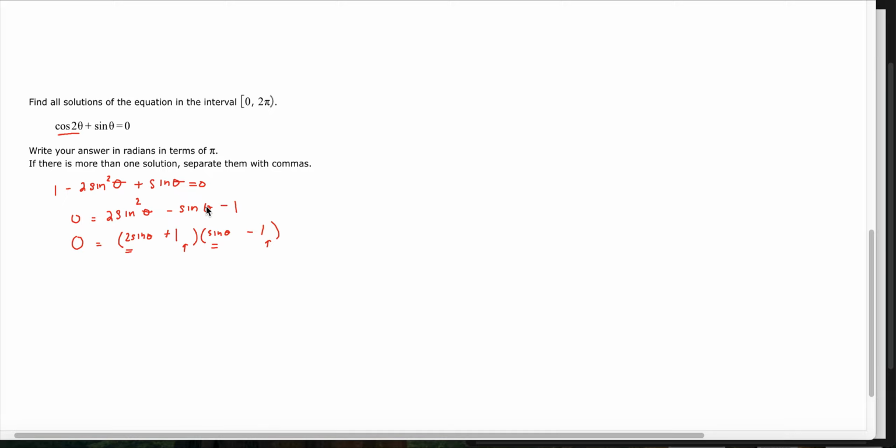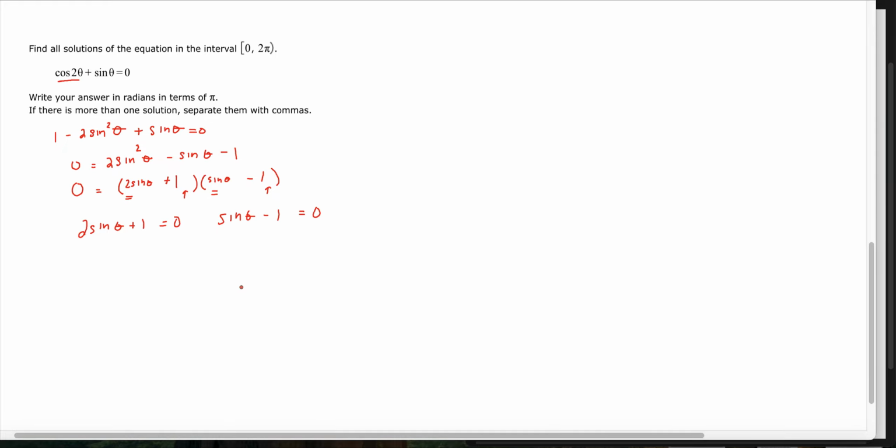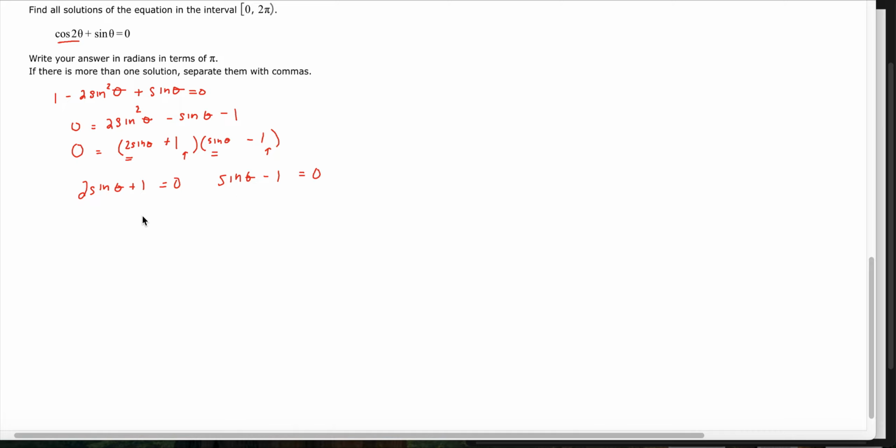When I combine those, I would get negative sine theta, and then 1 times -1 equals -1. So I have factored this correctly. Now setting each factor equal to 0, this would be 2 sine theta plus 1 equals 0, and sine theta minus 1 equals 0. And now I'm going to solve both of these equations.